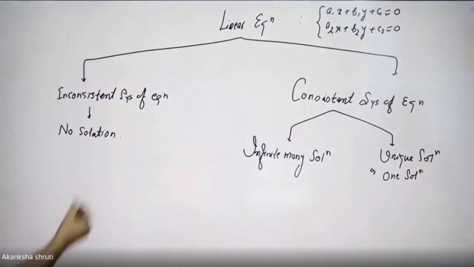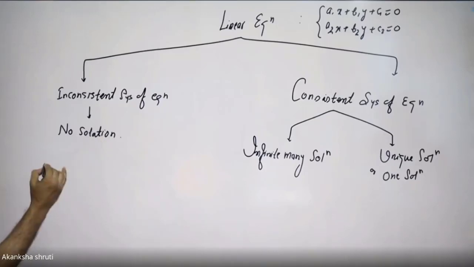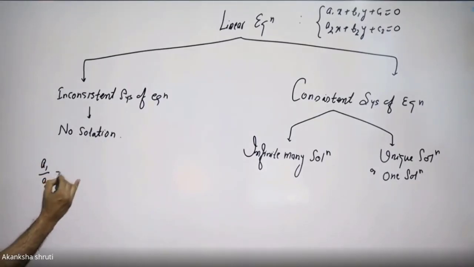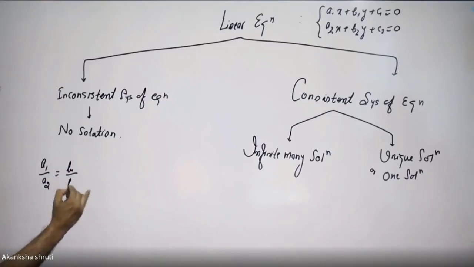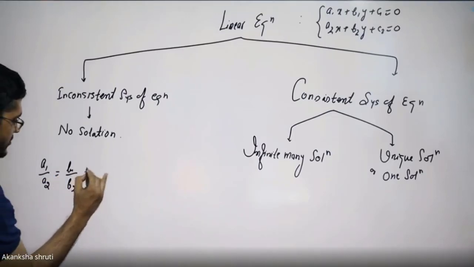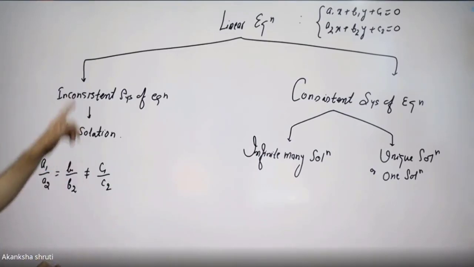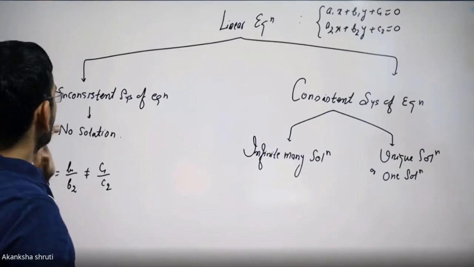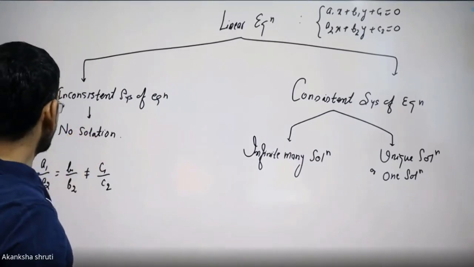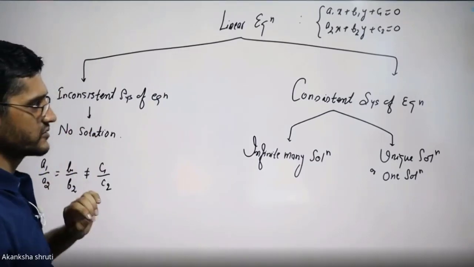Students, mathematically it is very convenient. If a1 by a2 is equals to b1 by b2, and this is not equals to c1 by c2, keep in mind, then the equations will be under no solution, or such a set of equations cannot be solved.